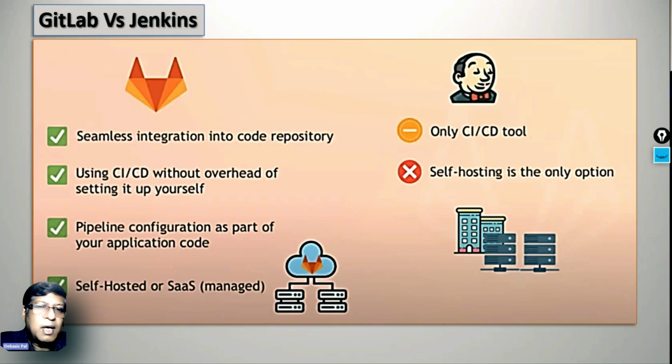That's why we observed that the moment we started Jenkins, many of our students started getting disinterested. But here the scenario is just the opposite. GitLab is so easy to pick up and easy to start. You start from day one because there is no installation part at all.